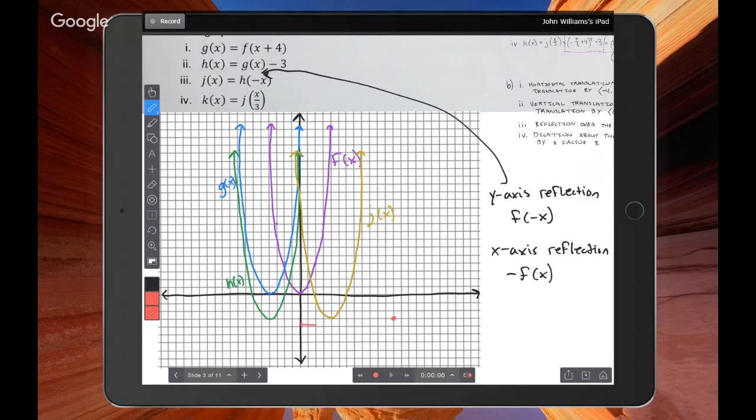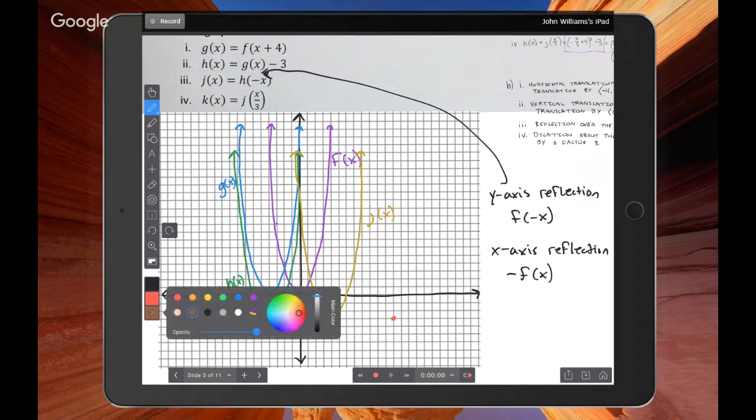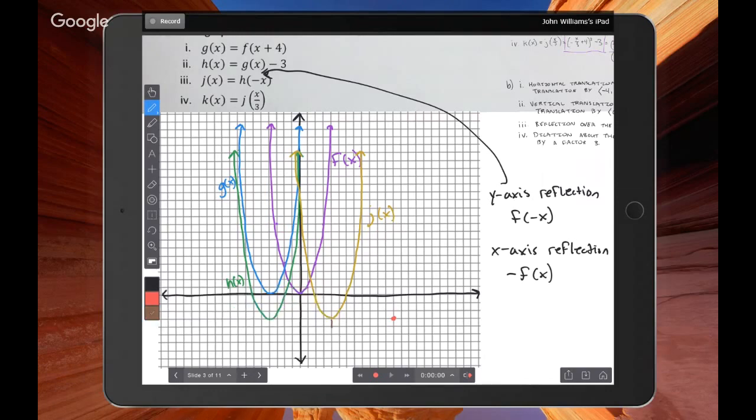So here is the old distance. It got multiplied times 3. So once, twice, 3 times as far away. And that happens to every other point.